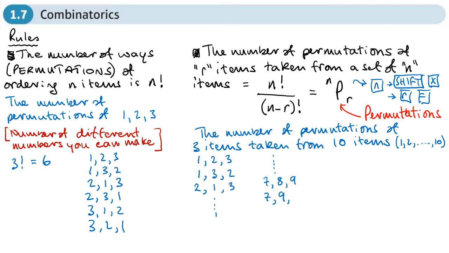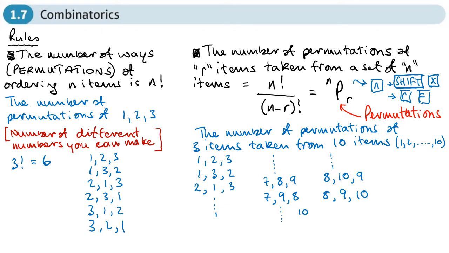I can keep going on my list, and then I might get to 7, 8, 9 at some point, and then 7, 9, 8. So can you see that we can do things in different orders? That counts as a permutation. And then towards the end of my list, I'm probably going to have something like 8, 10, 9, and then 8, 9, 10.